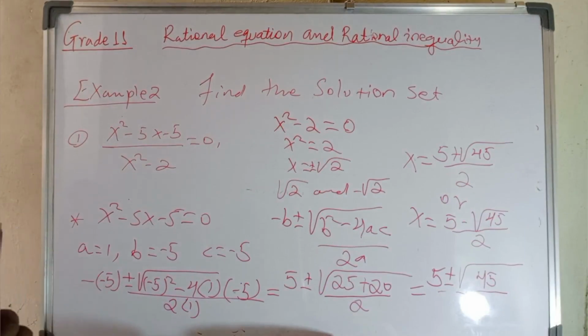The value of x equals plus, it is positive already, 5 plus the square root of 45 divided by 2, or x equals 5 minus the square root of 45 divided by 2. So the solution set of the given equation is these two answers, because it has two solutions.